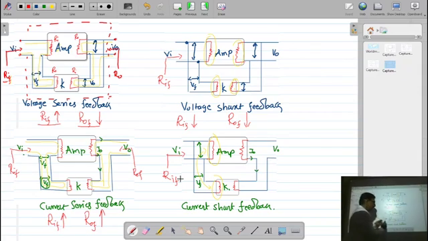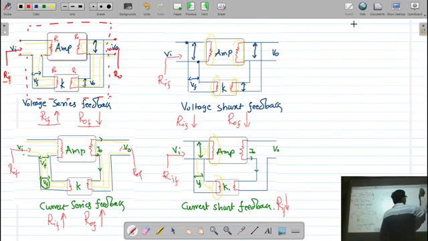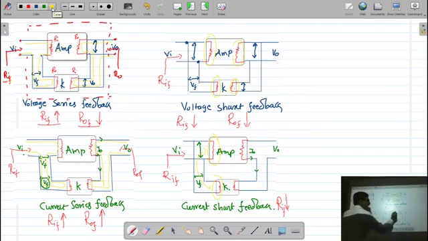So by applying a negative feedback, RIF is going to decrease. And if you look at the output resistance, then again this output resistance is in series with the input resistance of the feedback network.